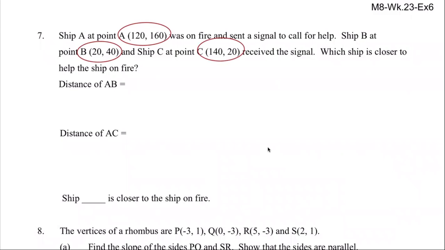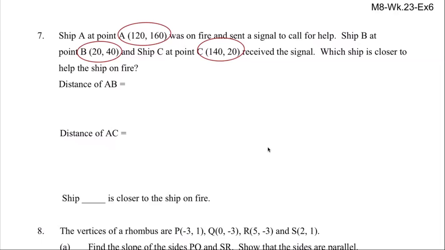Okay. So what is this question really trying to test us? We're trying to find the distance between AC and the distance between AB and see which one is shorter. If AB is shorter, then shape B should be coming to help shape A, right?